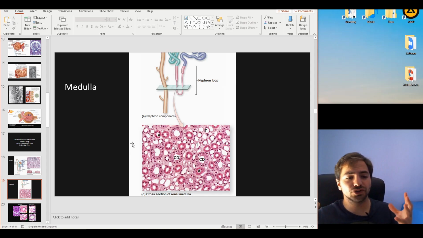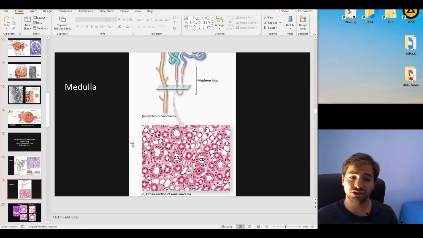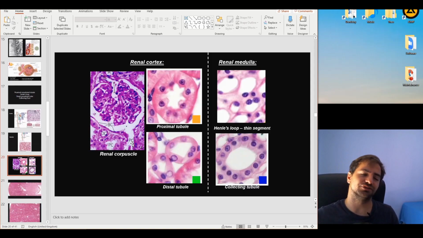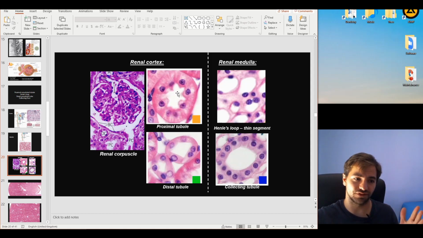So in order to identify the different types of tubules present in the medulla or the cortex, we need to understand that the medulla is going to contain the Henle's loop and the collecting ducts. Now, this is a very nice slide that is going to help you a lot to identify which is what, and it restates the locations of the tubules: in the cortex, the proximal and the distal, and the medulla contains only the Henle's loop and the collecting tubule.